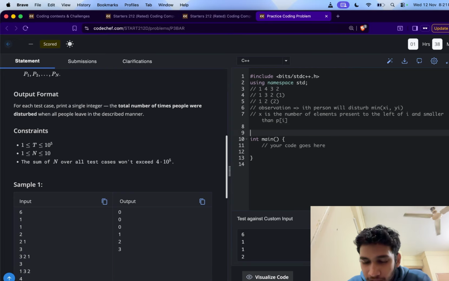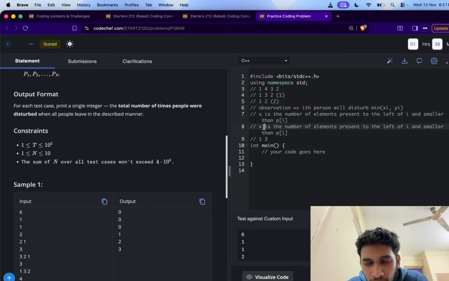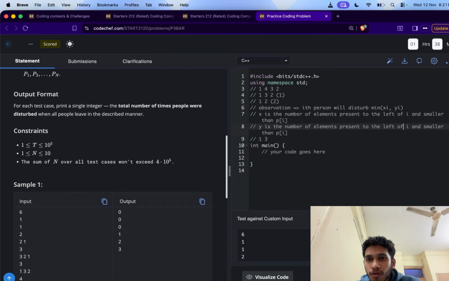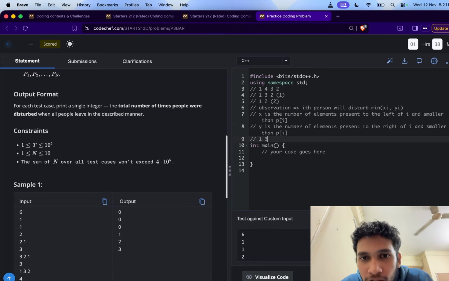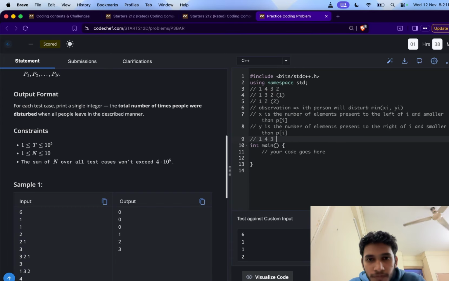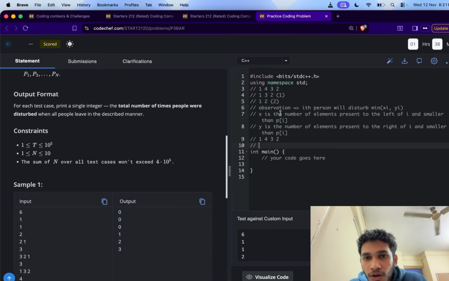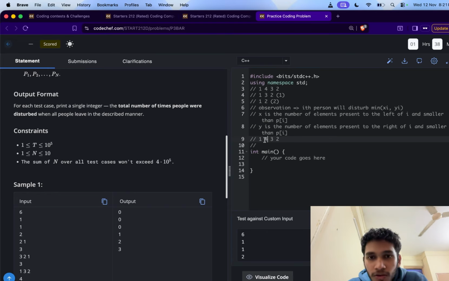So see this thing. Similarly, what is y? We will understand it. If you are not understanding it correctly, no problem. So for this test case, 1 4 3 2, what is x? The number of elements present to the left of i. What elements are present to the left of 4? It is just 1.